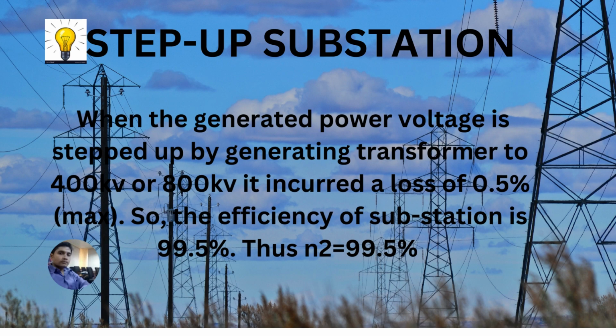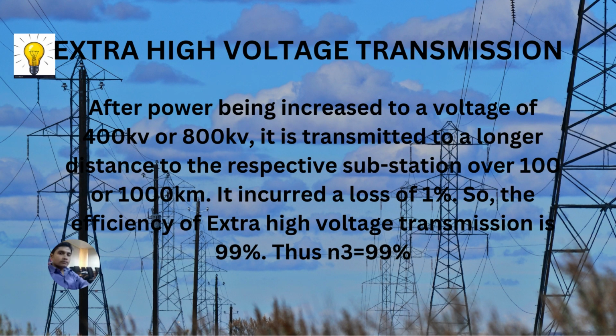That loss is 0.5% maximum. So the efficiency of the substation is 99.5%. Thus, let us consider N2 is equal to 99.5% after the voltage is increased by the transformer to 400 kV or 800 kV.